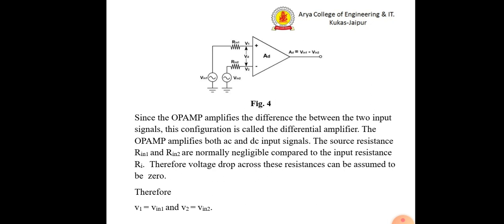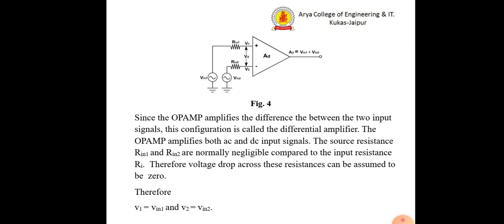The source resistance values Ri1 and Ri2 are normally negligible compared to the input resistance Ri. So we are assuming that almost negligible voltage drop occurs across these resistances.